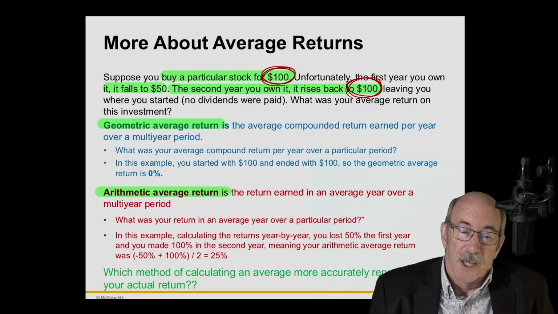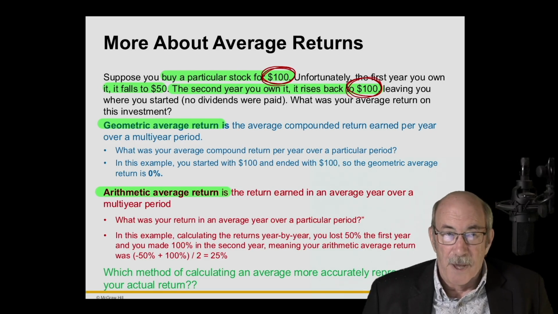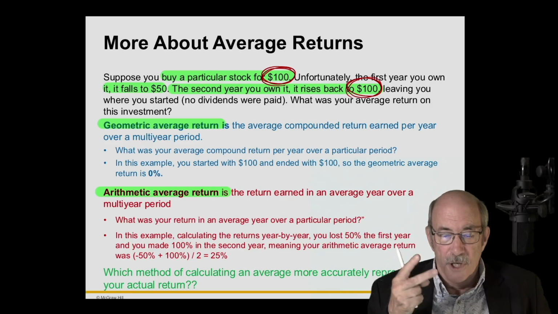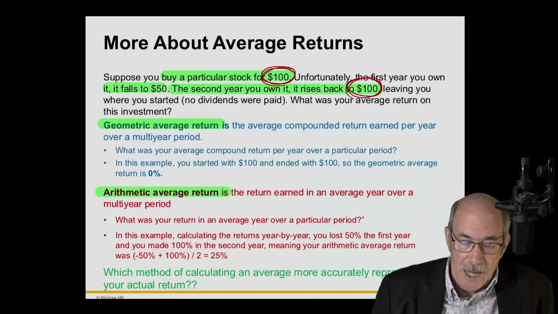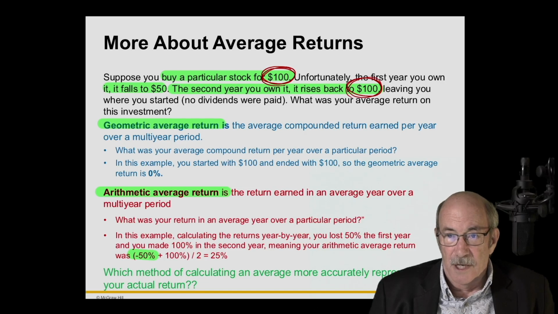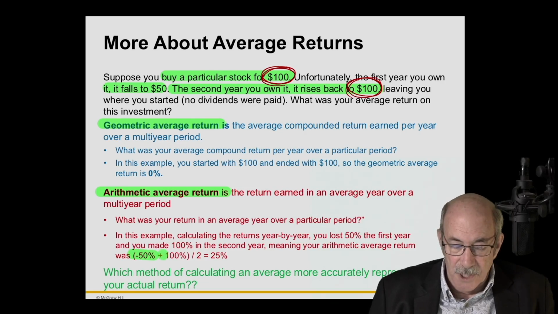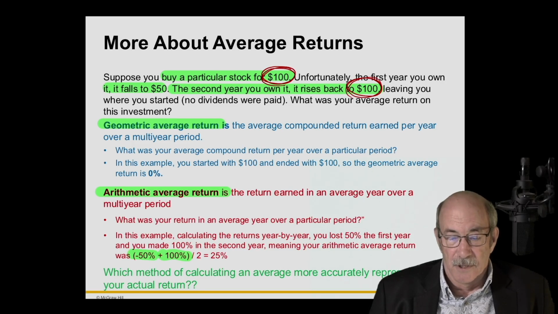Now, if we were to calculate an arithmetic return on those 2 years, we would take a negative 50% down here, look to the bottom of the slide, add it to the positive 100% return, and divide by 2. When we do that, you get 25%.